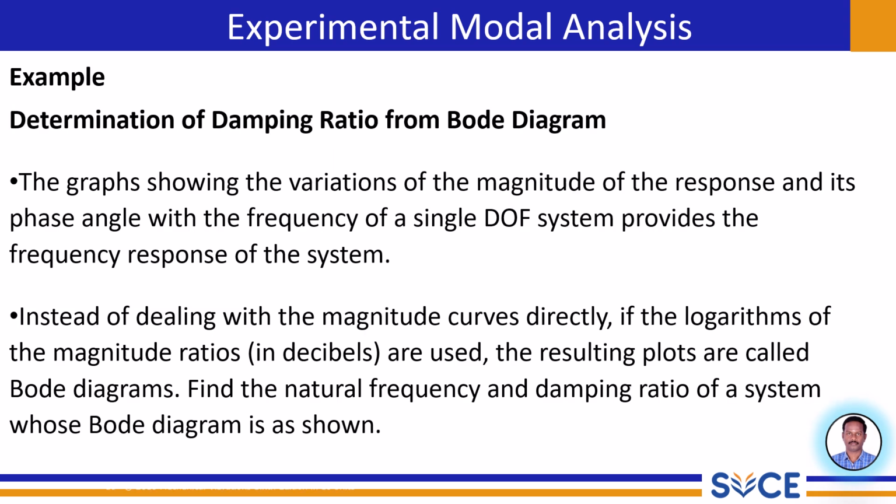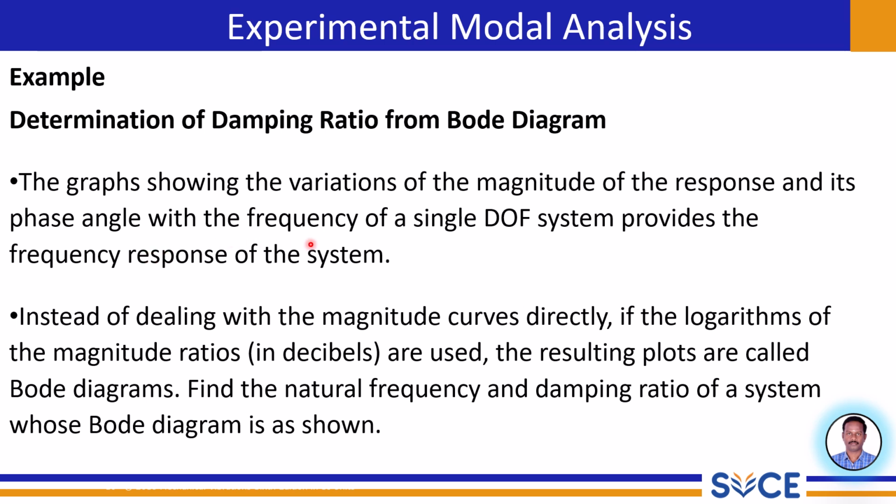Let's look at an example to determine the damping ratio of a system using a Bode diagram. Recall that the frequency response of a single degree of freedom system is represented by a graph showing how the magnitude and phase angle of its response vary with frequency.